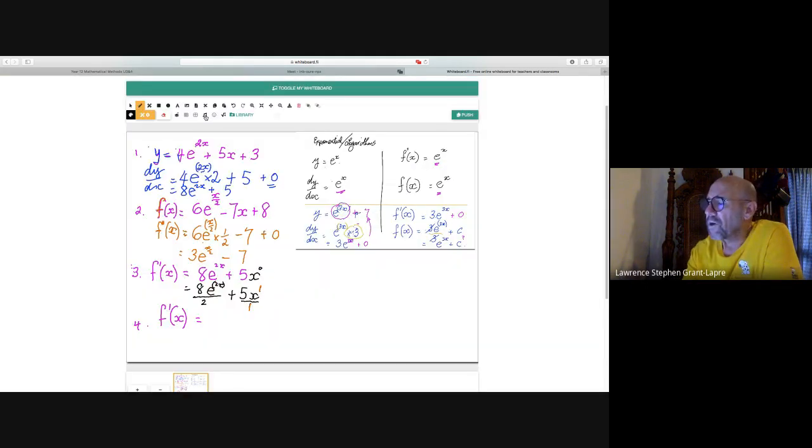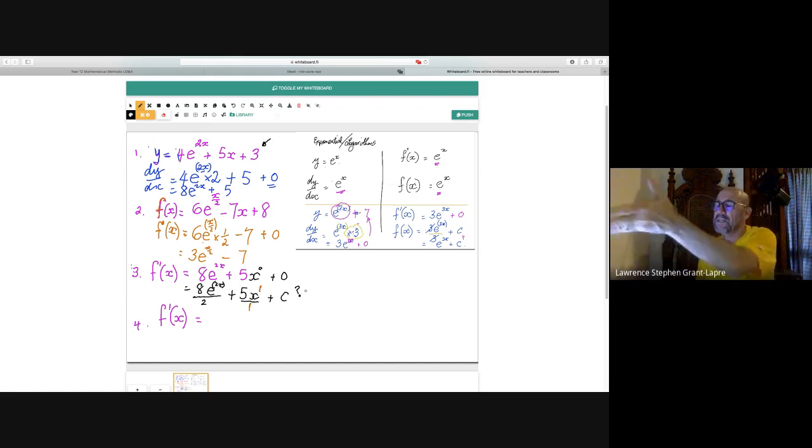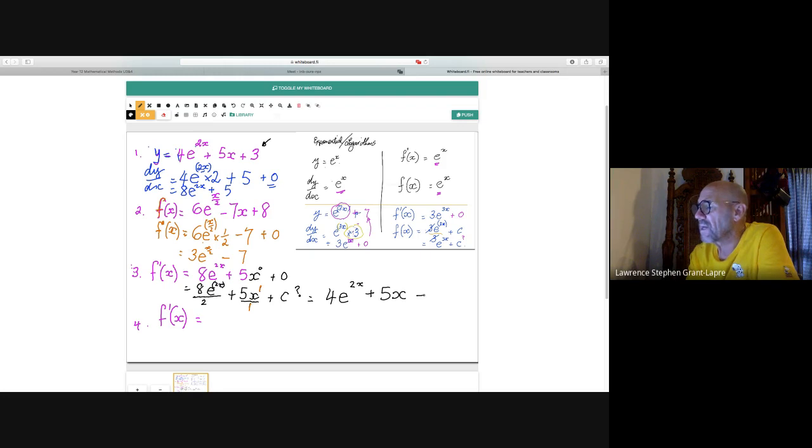Now, we've got this 0 here. We don't know what that number was. We'll just put plus a constant. So the antiderivative of 0 is c. Up here it was a 3, but we don't know what that number is down here, so we just put plus c. Yes, it's a 3, but we don't know that. Simplifying this, that 8 over 2 is 4 e to the 2x plus 5x plus the constant.